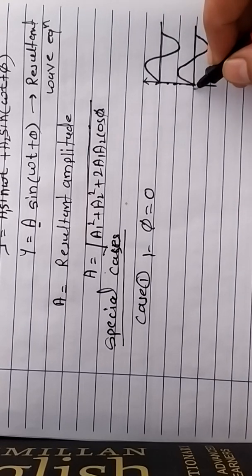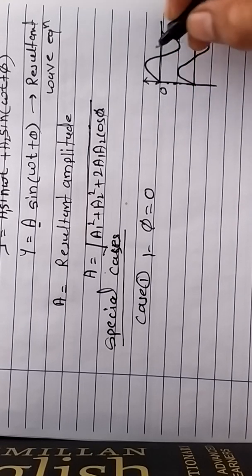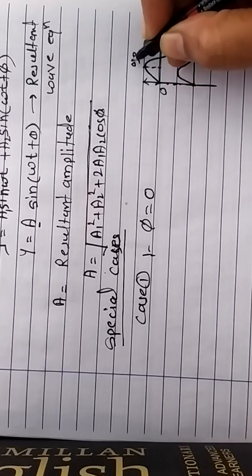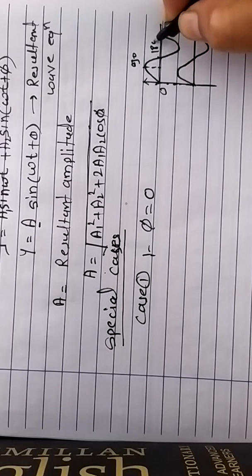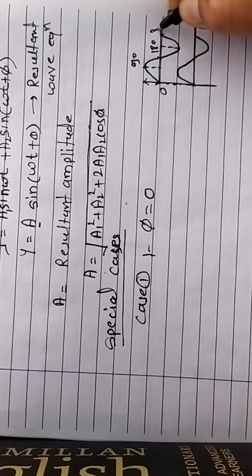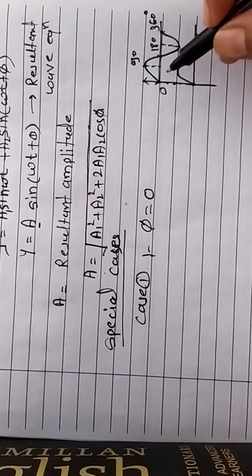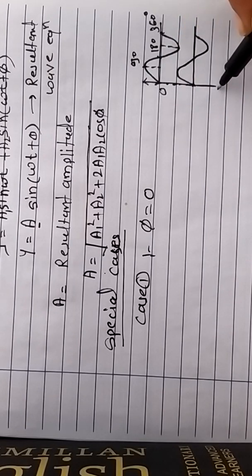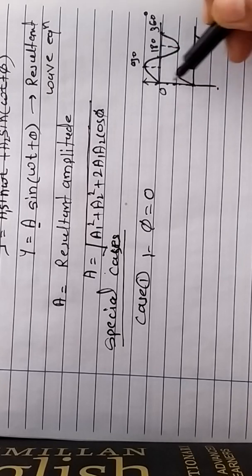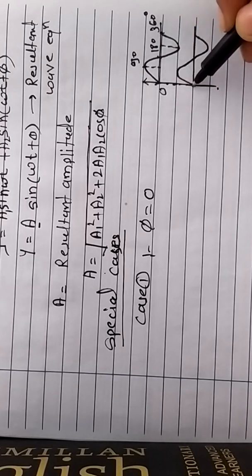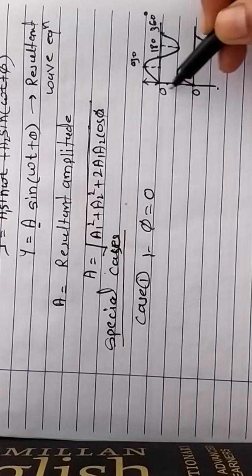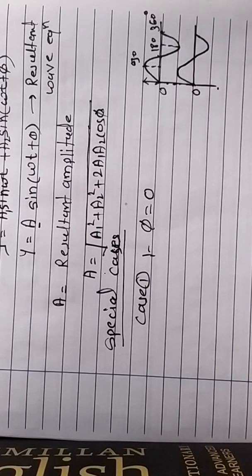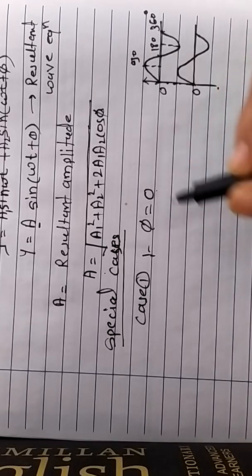The wave starts from 0, reaches maximum amplitude at 90 degrees, then 180 degrees, 270 degrees and 360 degrees. The waves are on the same crest, so 0 minus 0 is 0, 90 minus 90 is 0. Therefore, the phase difference is 0.